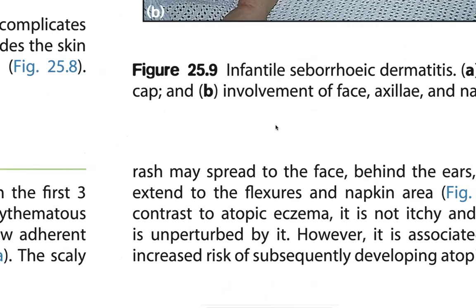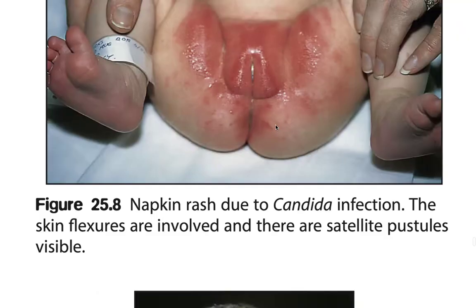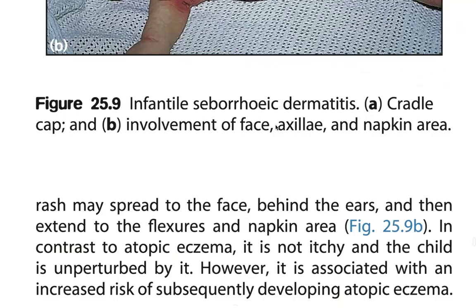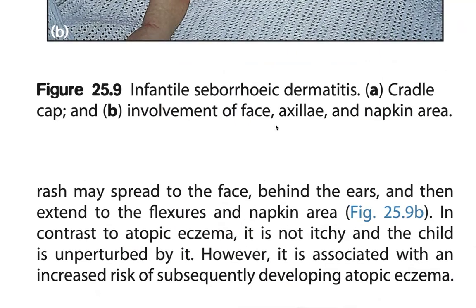The scaly rash will spread to the face, behind the ears, and then extend to the flexures and nappy area. It is not itchy and the child is undeterred by it.